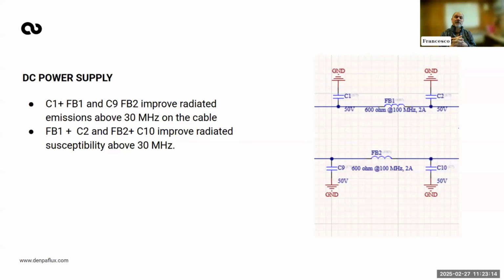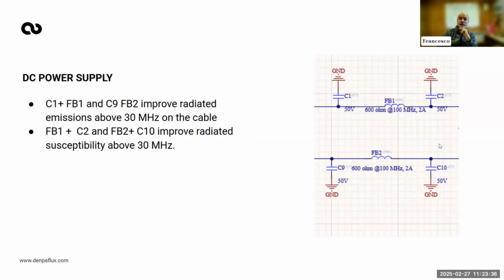And sometimes a cable works like an antenna, and in the range between 150 to 200 megahertz, it can emit. Sometimes the frequency range is lower, but usually this is the frequency range.